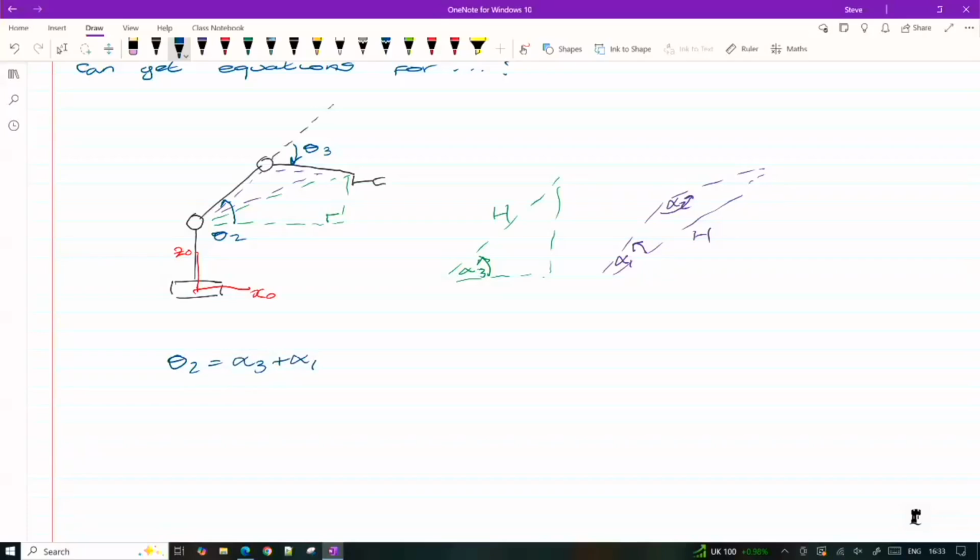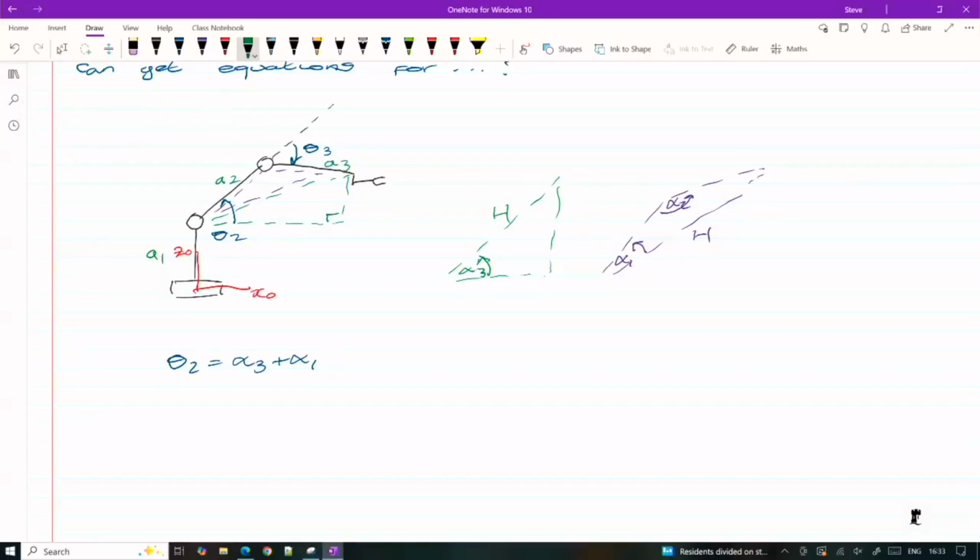So for example, theta 2 equals, from those two triangles I've drawn, alpha 3 plus alpha 1. For example, alpha 2 or alpha 3, you can come up with an expression because you would know what I'm drawing in here is A1, A2, A3. You know those distances as well.